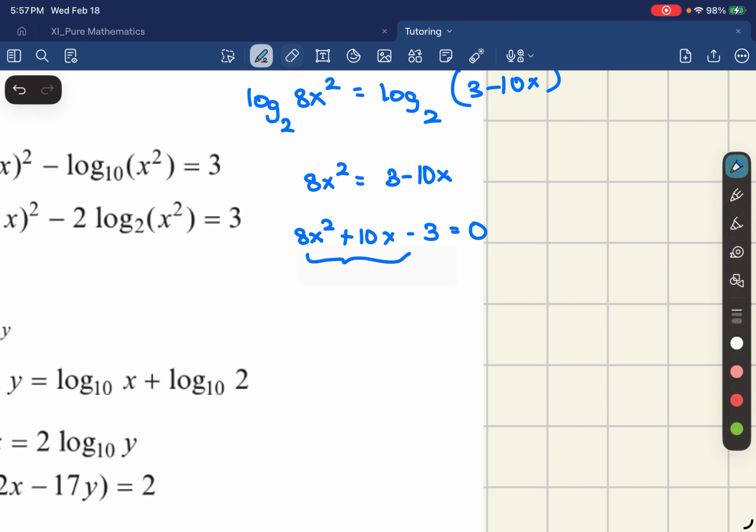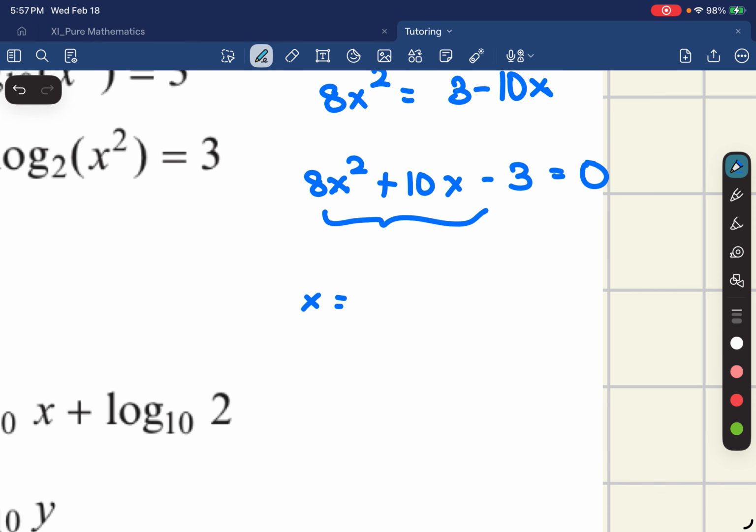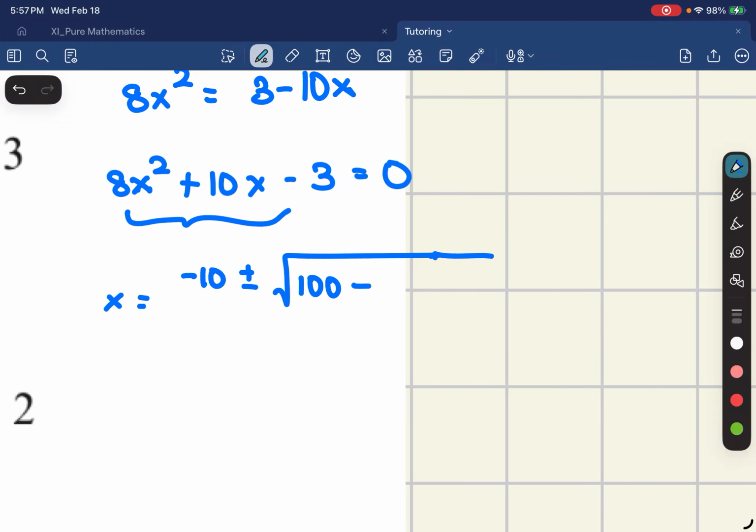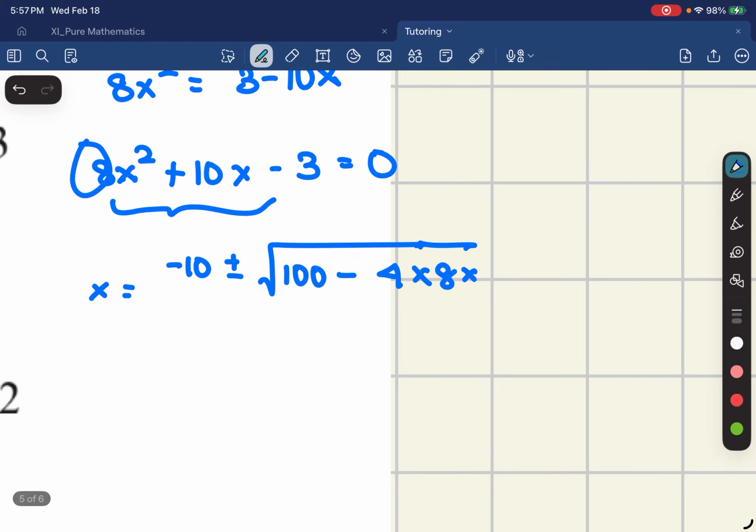But we are going to be using this formula. When you apply the formula, b is 10, so minus b is minus 10, plus or minus the square root of 10 squared, which is 100, minus 4 times a, which is 8, times c, which is negative 3. When you simplify 100 minus 4 times 8 times negative 3, you get 196, and the square root of 196 is equal to 14.